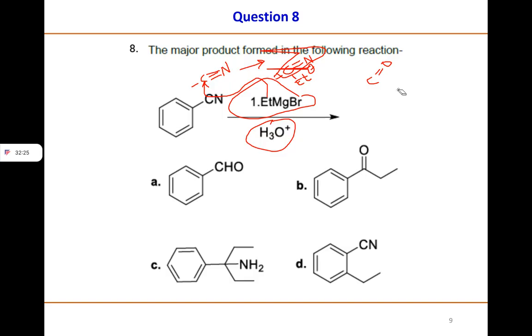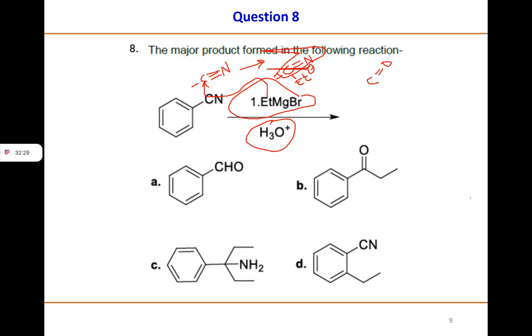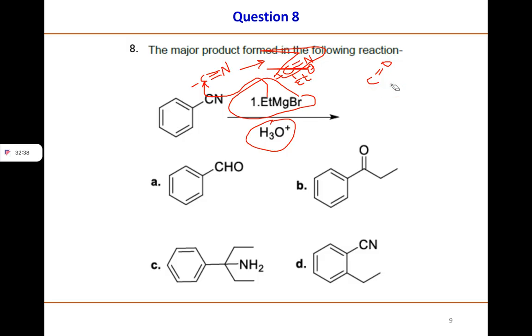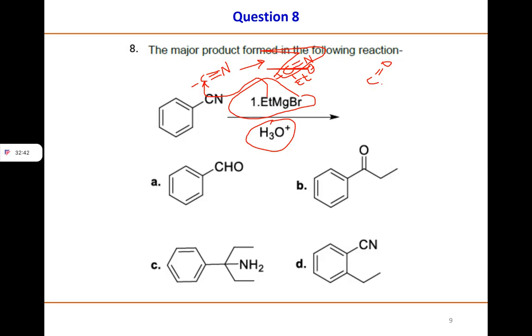This is ethyl. Then the aromatic ring which was there already.